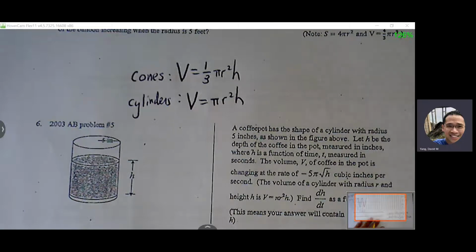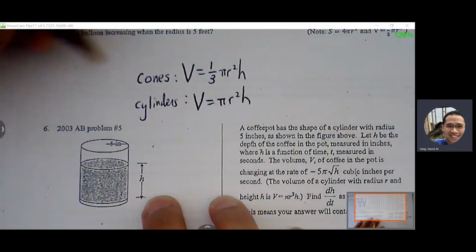And because of that, a lot of us want to apply the same things that we did for cones, like similar triangles, setting up proportions and ratios, but we don't need to do that with cylinders. I want to convince you that cylinders are a lot easier and faster to work through than cones. But a lot of students make mistakes with cylinders because we spent so much time going through cones. It's natural to want to apply those things that we learned to cylinders. But let me show some distinction here.